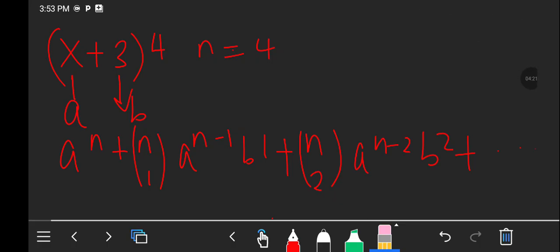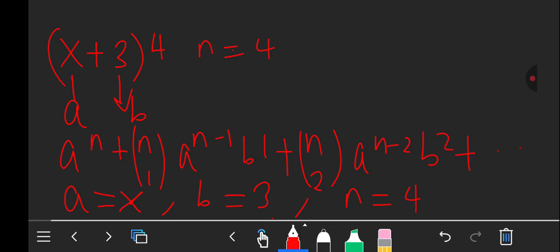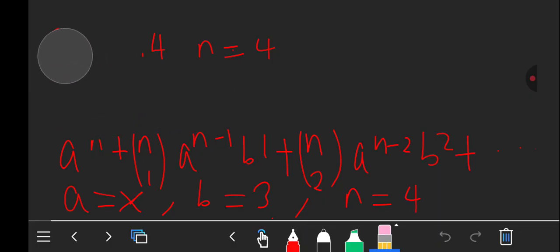From our question, our a is equal to x, our b is equal to 3, then our n is equal to 4. Let's now do the substitution. You just need to know how to substitute the values. There's nothing difficult about binomial theorem.